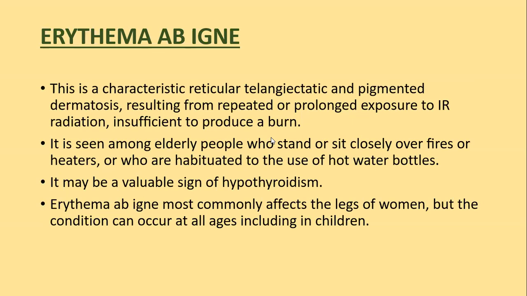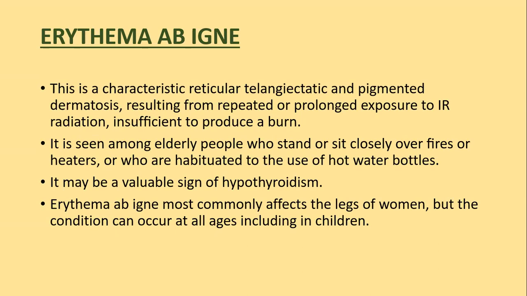Erythema ab igne. It is a characteristic reticular telangiectatic and pigmented dermatosis that results from repeated and prolonged exposure to infrared radiation insufficient to produce a burn. So the first thing is there is prolonged infrared radiation exposure, but at an intensity below a burning intensity.